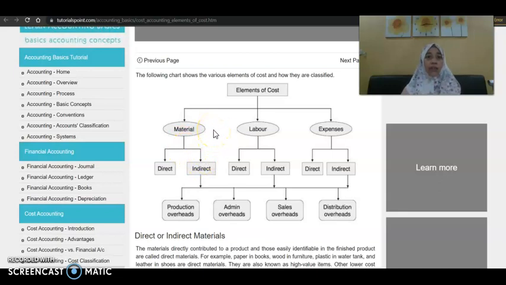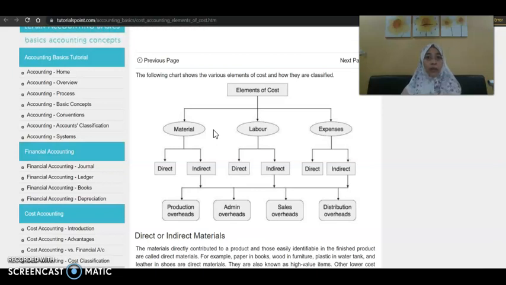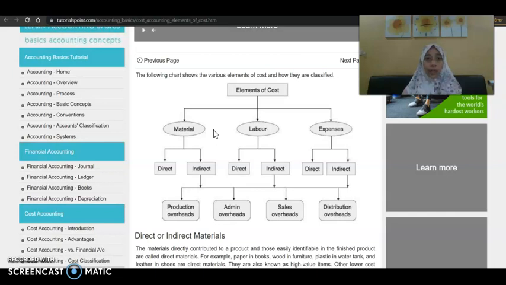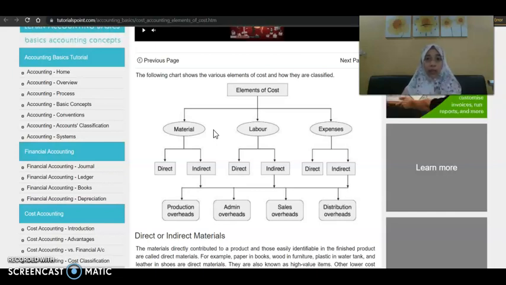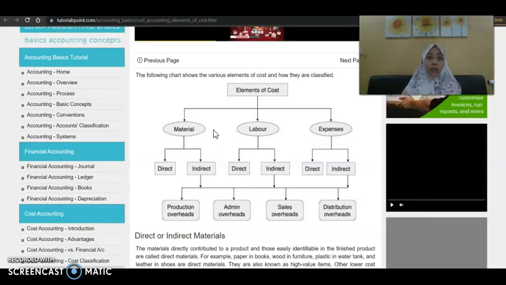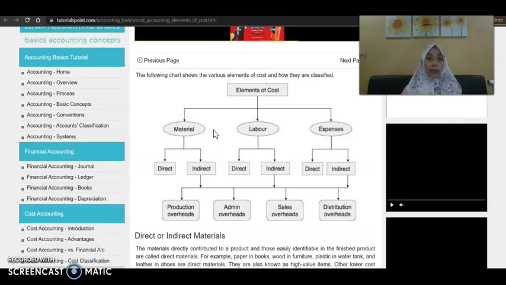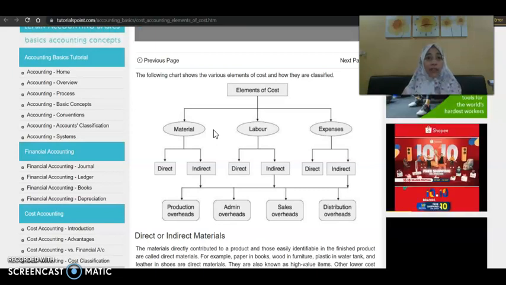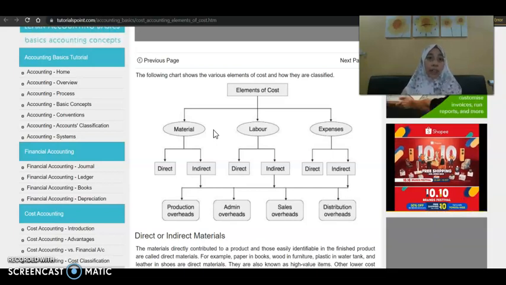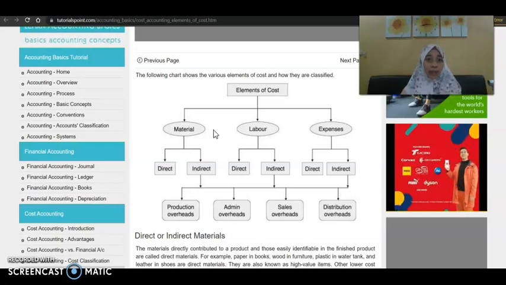You remember your FIFO method, first in first out, your LIFO method, last in first out, your weighted average method, and then you learn about the stock taking, all the stock levels, the economic order quantity, all these things with regard to your materials.